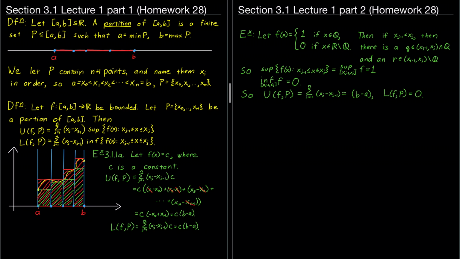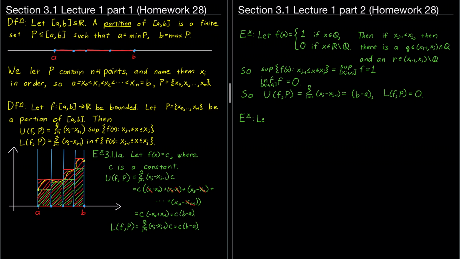So this is a case in which the upper Riemann sum and the lower Riemann sum are always quite far away from each other. They're far away by the length of your interval. Let's have one more example of upper and lower Riemann sums. These are sometimes called Riemann sums, sometimes called Darboux sums.